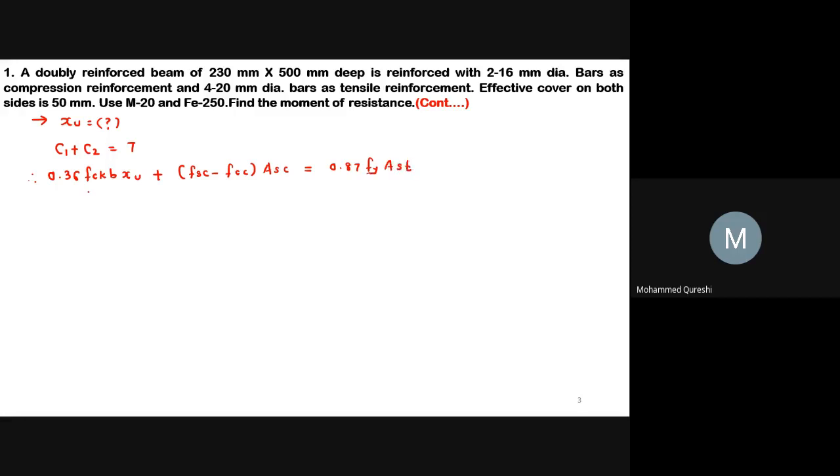So only the value of xu is unknown for us, and that we have to calculate.